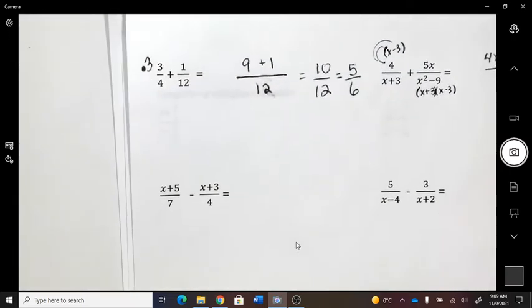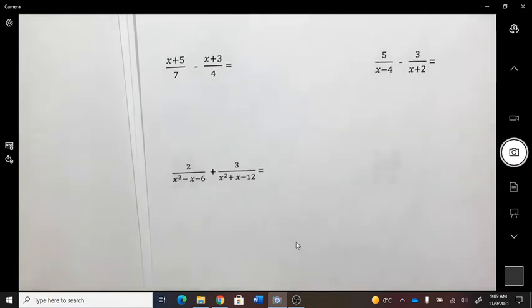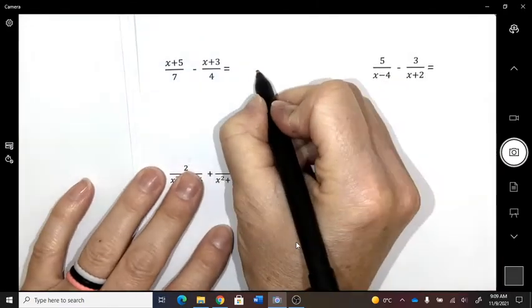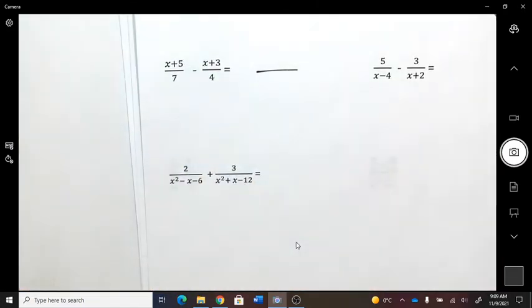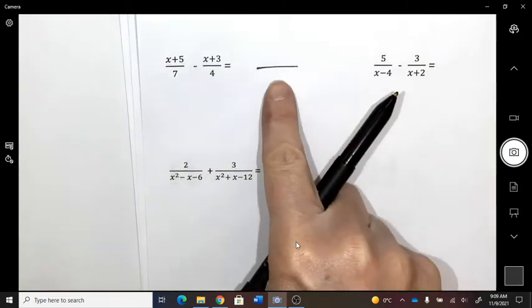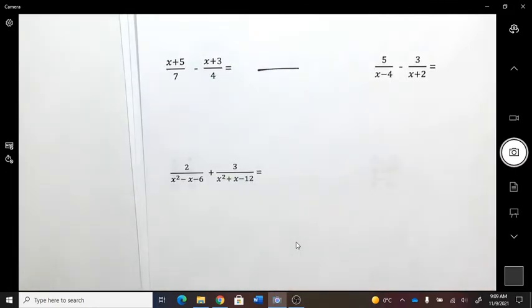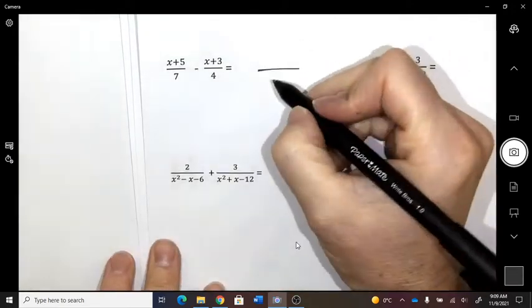Okay, next one. If I was to pick a number that I need on the bottom, so there's a 7, there's a 4, I need to pick the same bottom for each. What could I turn them both into? 28.